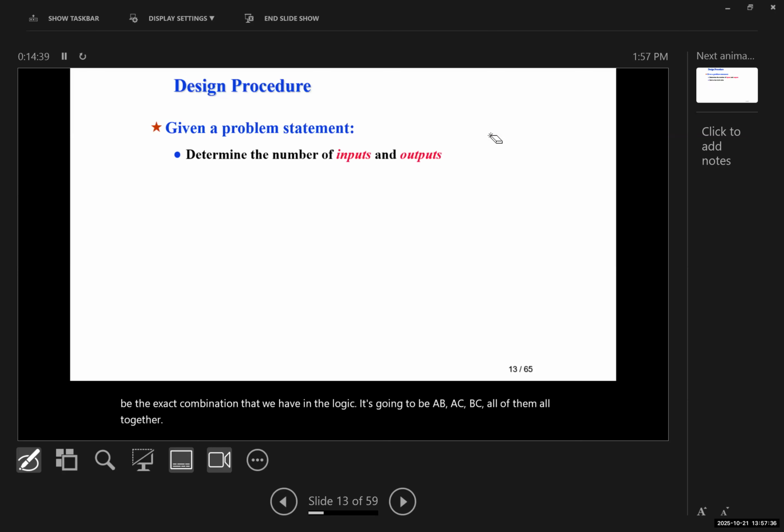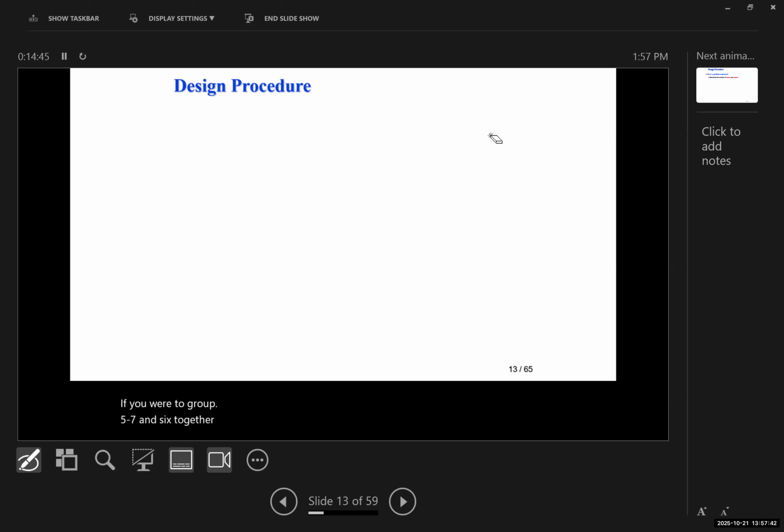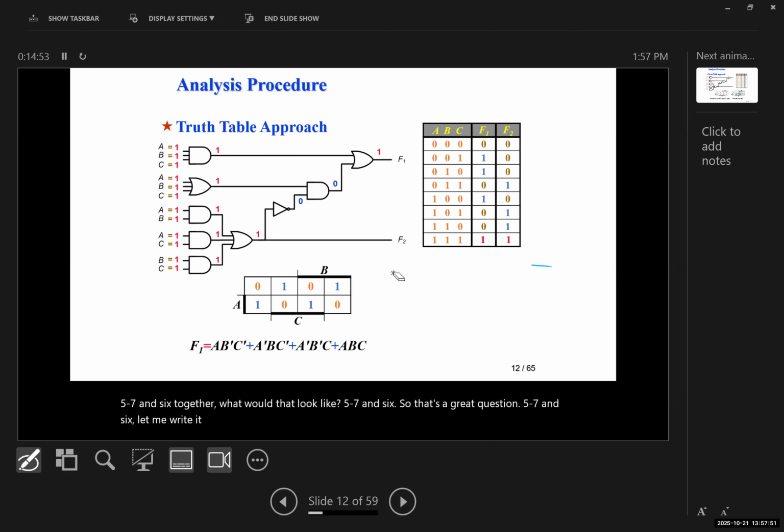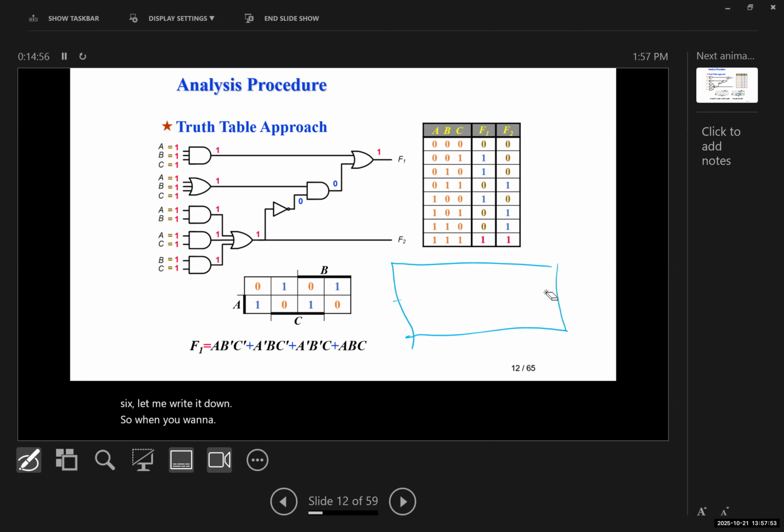What if you were to group 5, 7, and 6 together? What would that look like? That's a great question. Let me write it down. When you want to put these pairs together, first of all, you can only group 2 or 4 together.